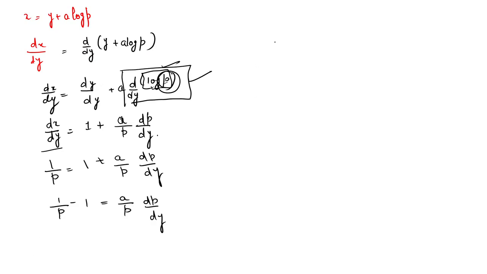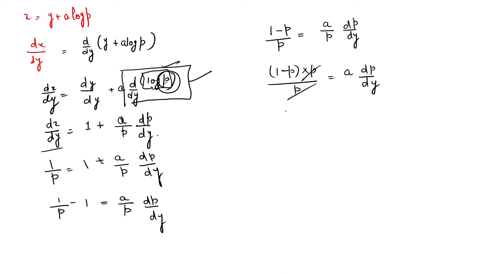I can write it down (1 minus p) divided by p equals a by p dp by dy. Now you can check that this p goes to the other hand side, so p divided by p, it is 1 minus p equals a dp by dy.